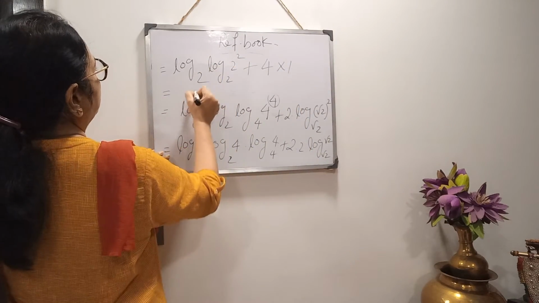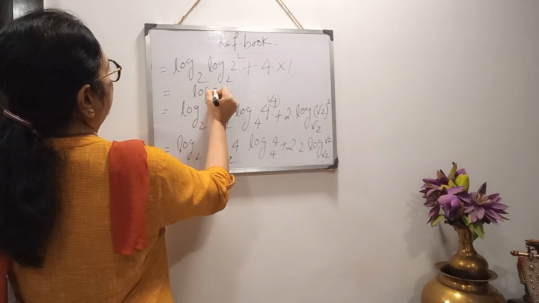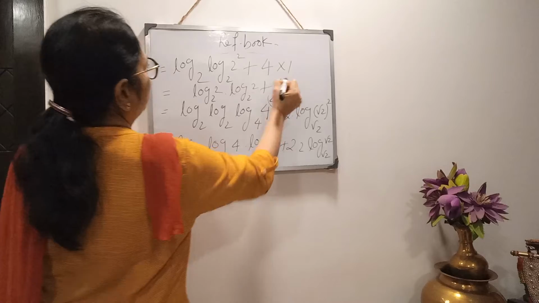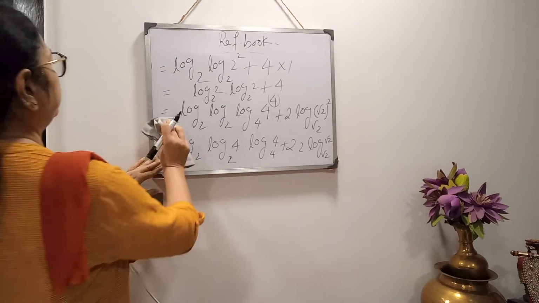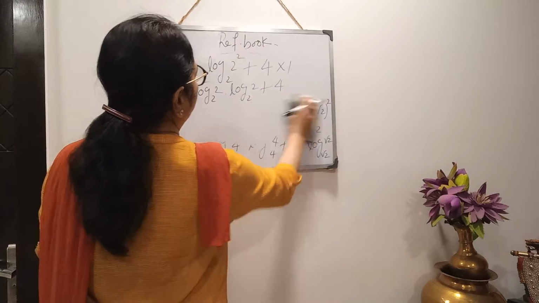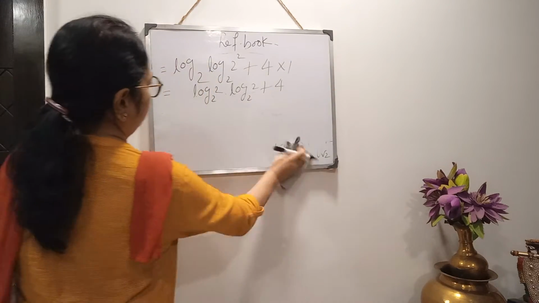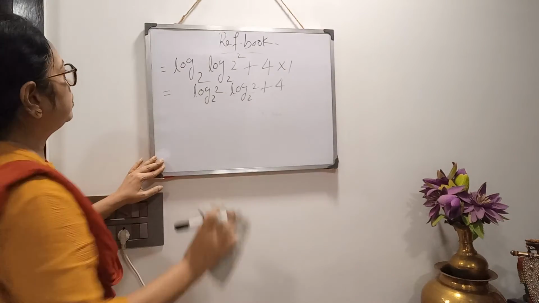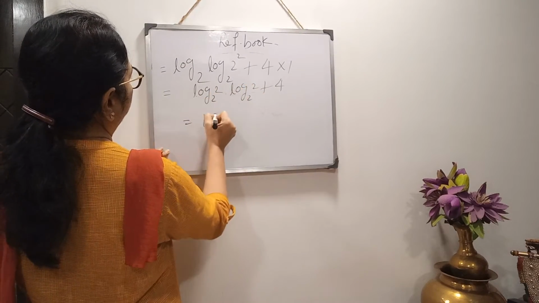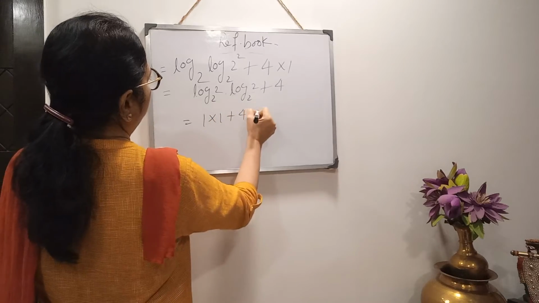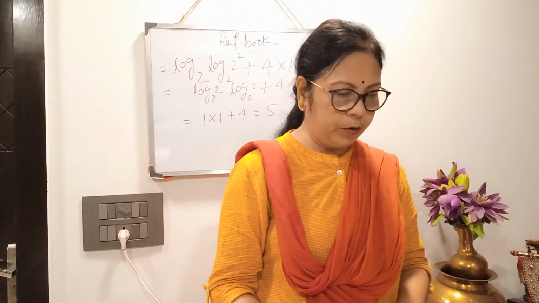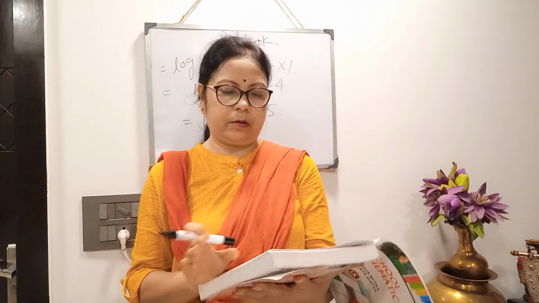Again this is power, I can write it here, and this plus 4. Same, base and this number same. So 1 into 1 plus 4, its value is 5. This type of sum you will practice for the second unit test.